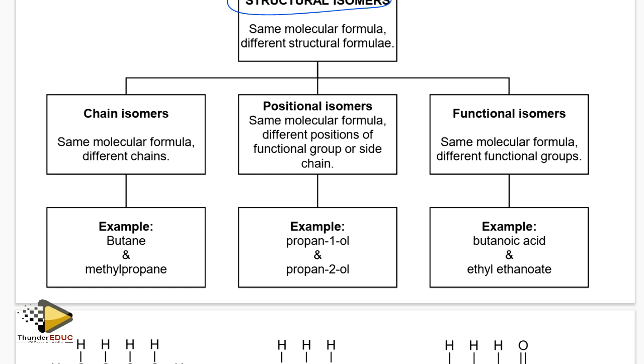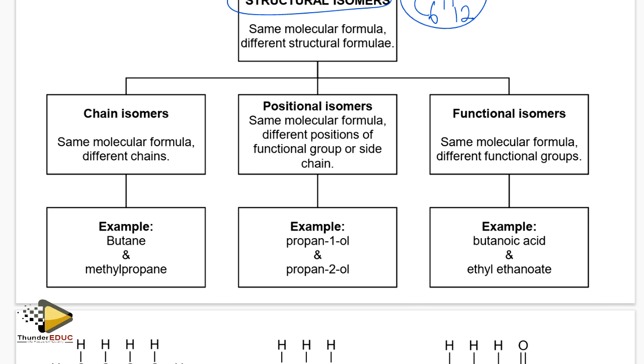But if you write the molecular formula, it becomes the same. For example, maybe C6H12.